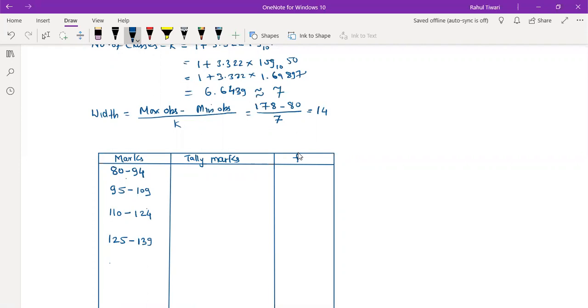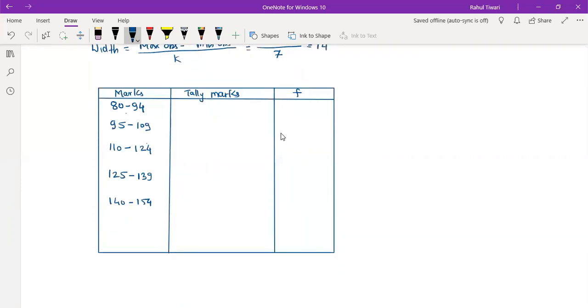Then we have 140 to 154, and then we have 155 to 169, and finally we have 170 to 180.